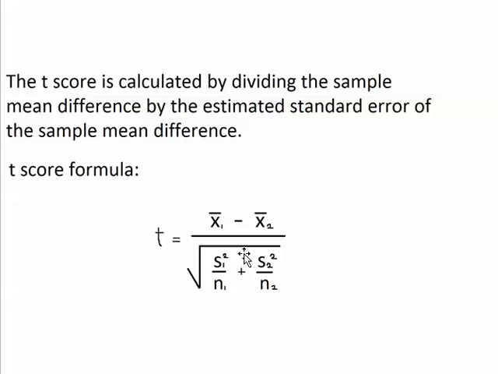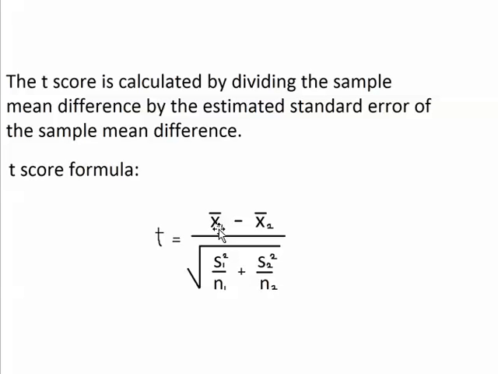Squaring is just multiplying a value by itself. So the researcher calculates this standard deviation, multiplies it by itself, calculates this standard deviation, multiplies it by itself. And finally, the two sample sizes go into the formula. This is the number of people that are in sample 1 and the number of people in sample 2.